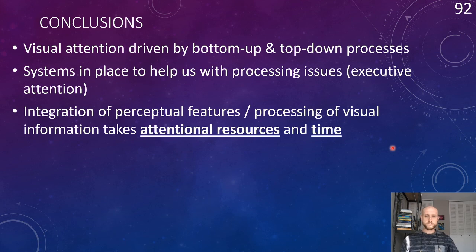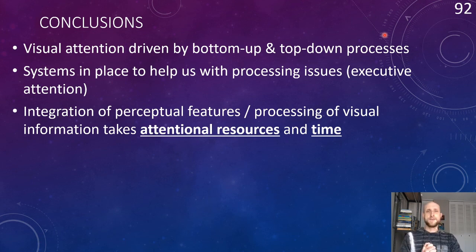So, a couple conclusions from today's discussion. First, visual attention is driven by both bottom-up information, which we called alerting, and top-down processing, which is orienting. Our visual system has what's known as an executive attention, which we're going to encounter again when we start talking about memory systems after exam 1.